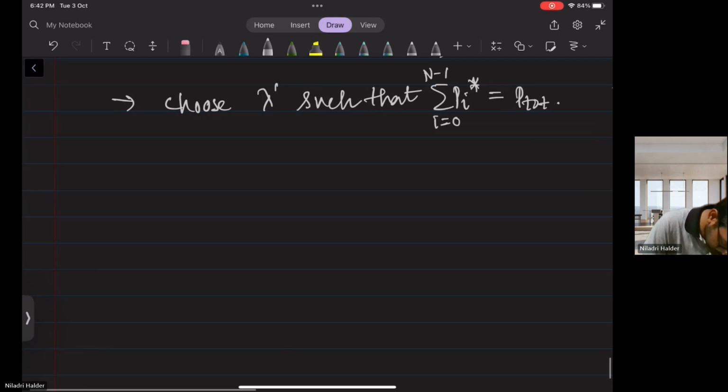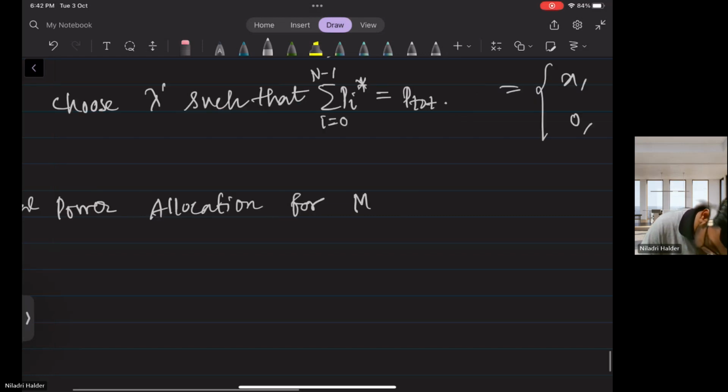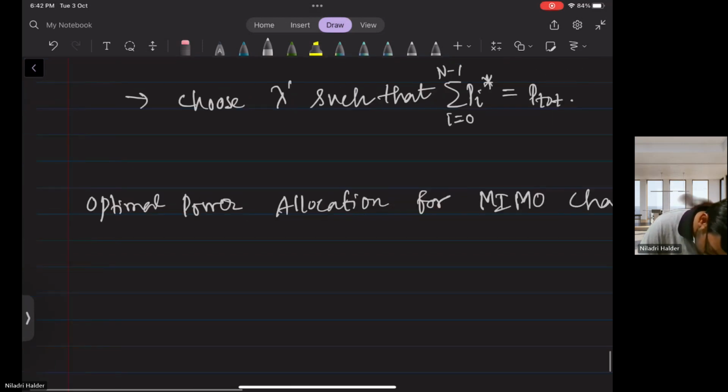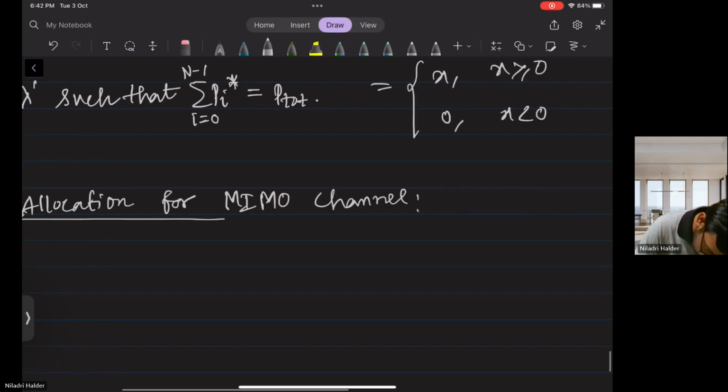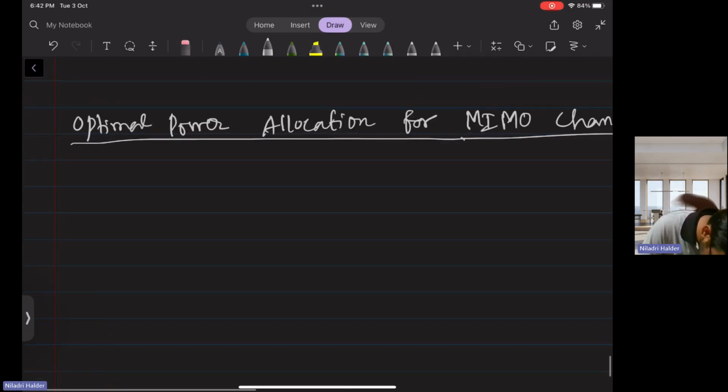Now for the MIMO channel, these are the transmit antennas.